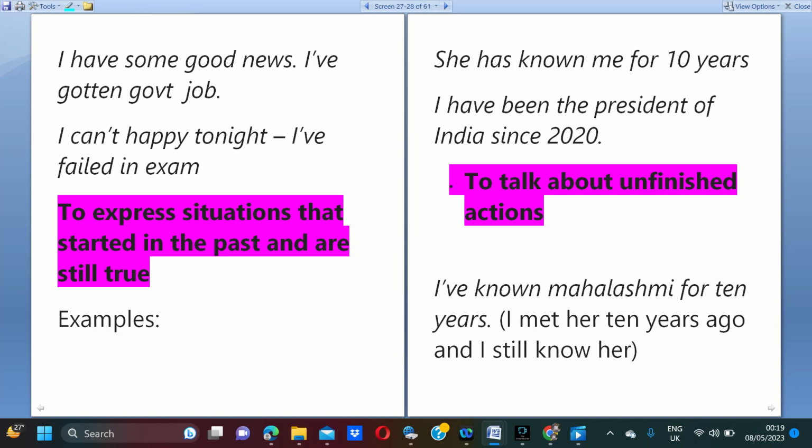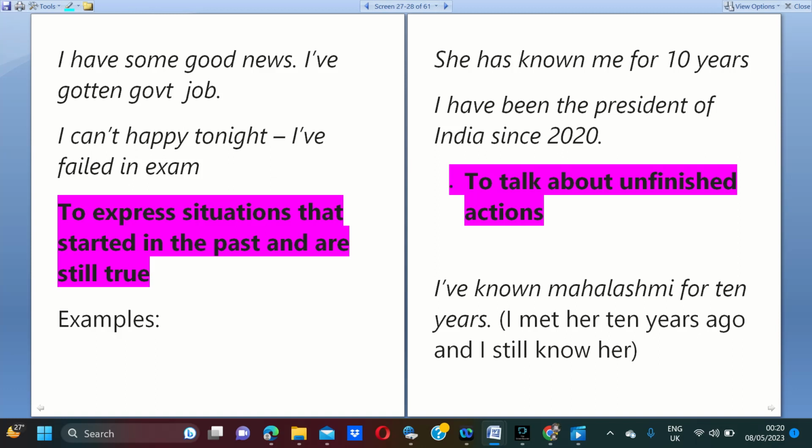Here, when we want to say it in present perfect tense mode, it is the better sentence. We need to use the right elements to say a sentence in present perfect tense. Has plus V3 is the right structure to use present perfect. She has known me for 10 years.